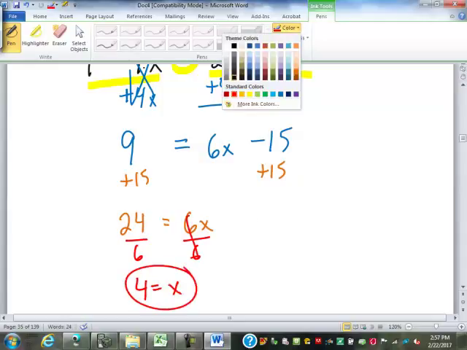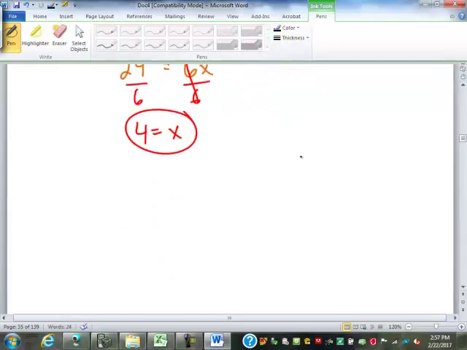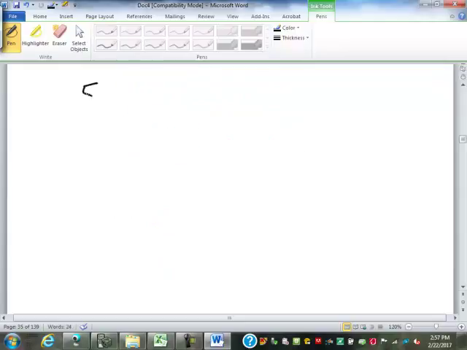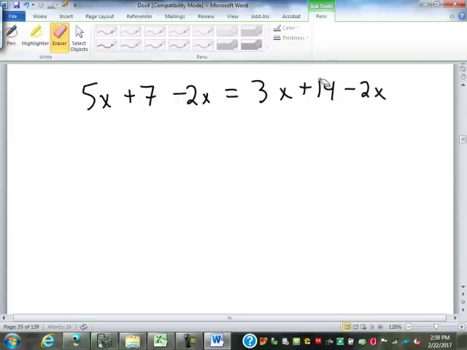Good job. Got to be careful here. Got to make this solvable.